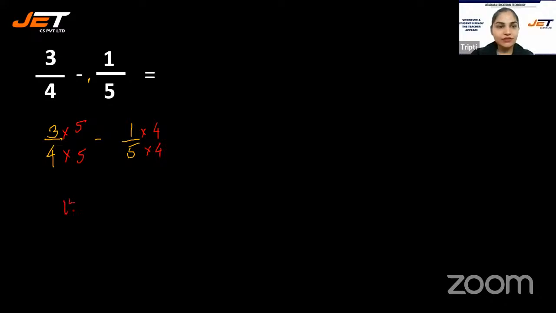So 3 times 5 is 15, 4 times 5 is 20, minus 1 times 4 is 4, and 5 times 4 is 20 again. So 15 minus 4 is 11 by 20. 11 by 20 is the answer.